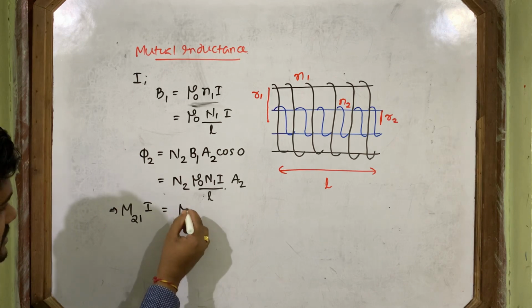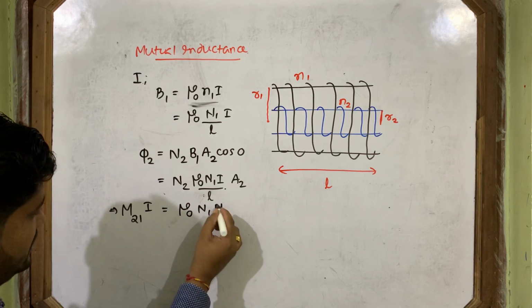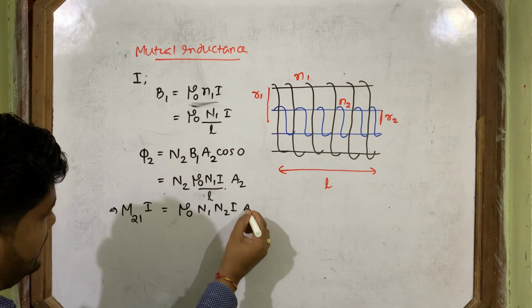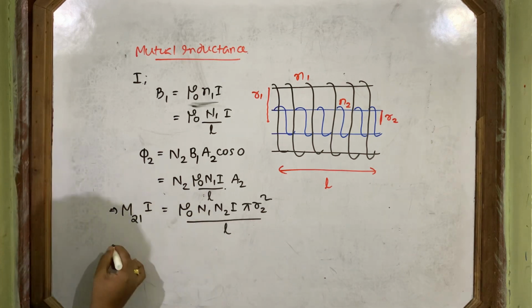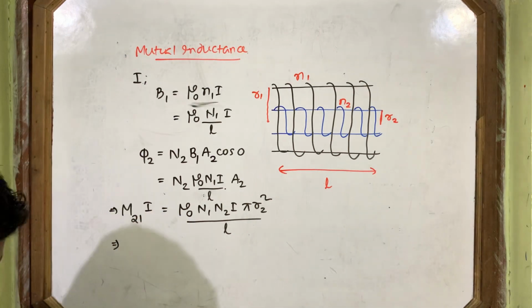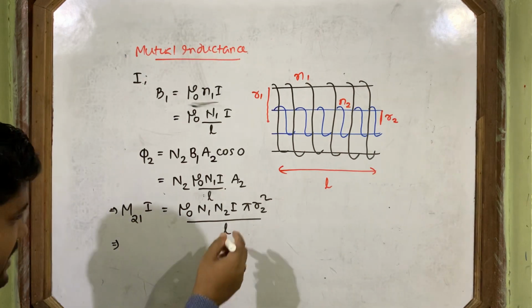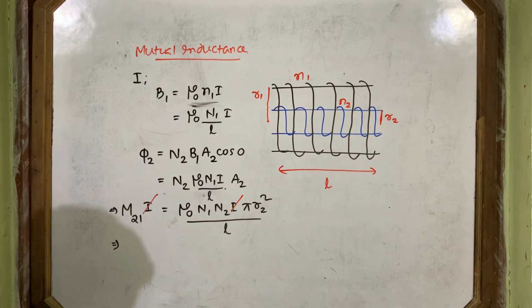So now this is mu naught N1 N2 I by R2 square, divided by L. Then I and I cancel. So then what is the expression?